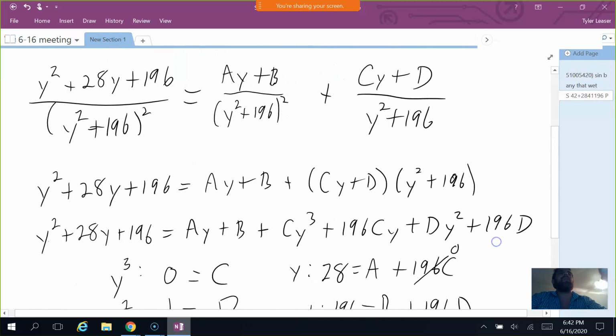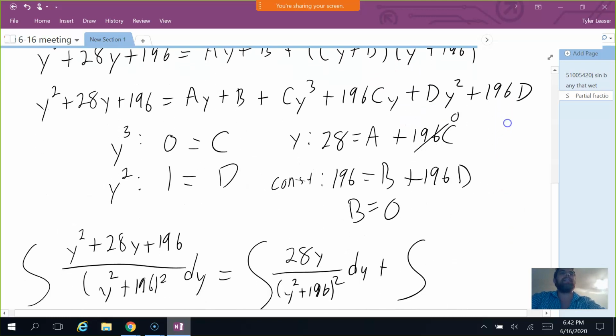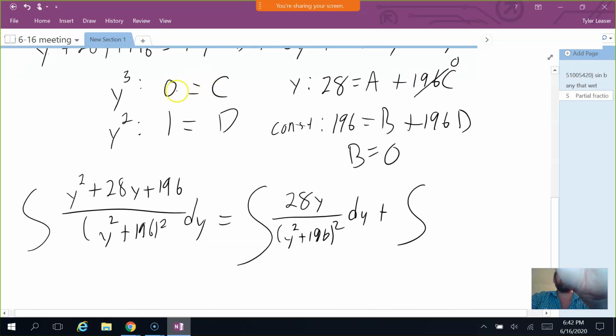That one was cy plus d over just a single y squared plus 196, where my c is 0, so I have 0y plus d, 1, over y squared plus 196 dy.